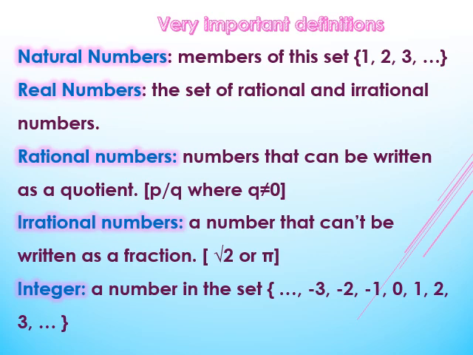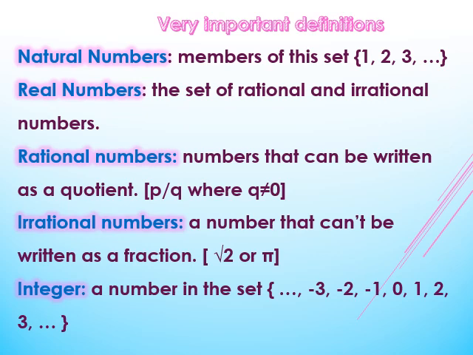where 0 is not included. Then we move to the definition of the real numbers. The real numbers are the set of rational and irrational numbers. I mean that all rational and all irrational numbers are included in the real numbers. So we ought to differentiate between rational numbers and irrational numbers.